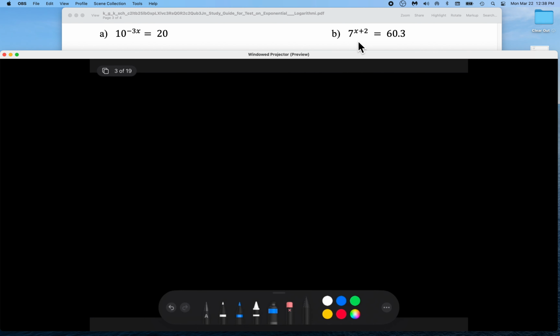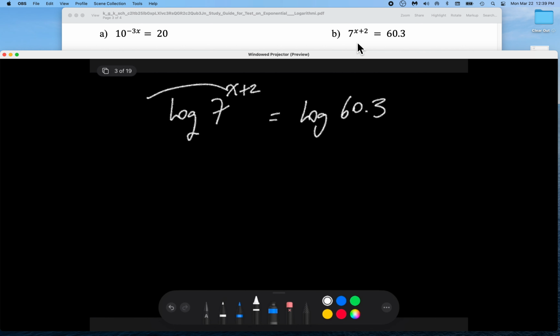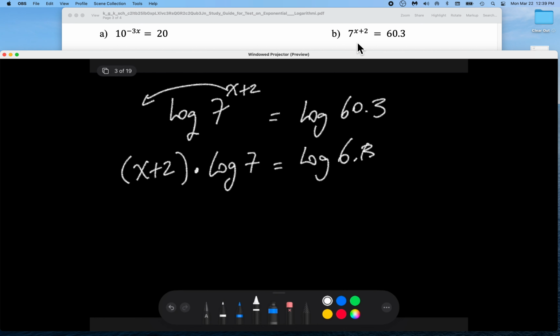Okay, over here, there's no way you can get a common base, so you're going to take logarithms. Really no benefit to taking natural log versus regular log, but we're going to go ahead and do regular log. So we're going to have log of 7 raised to the x plus 2 equals log of 60.3. This exponent comes out front. So you have x plus 2 times log of 7 equals log of 60.3.